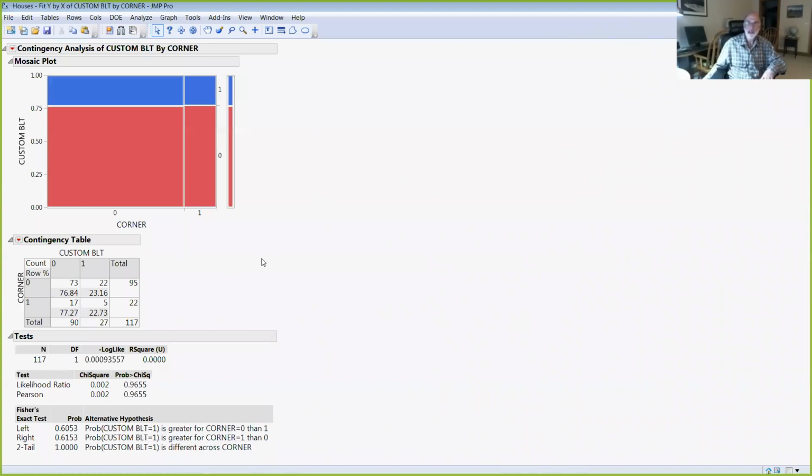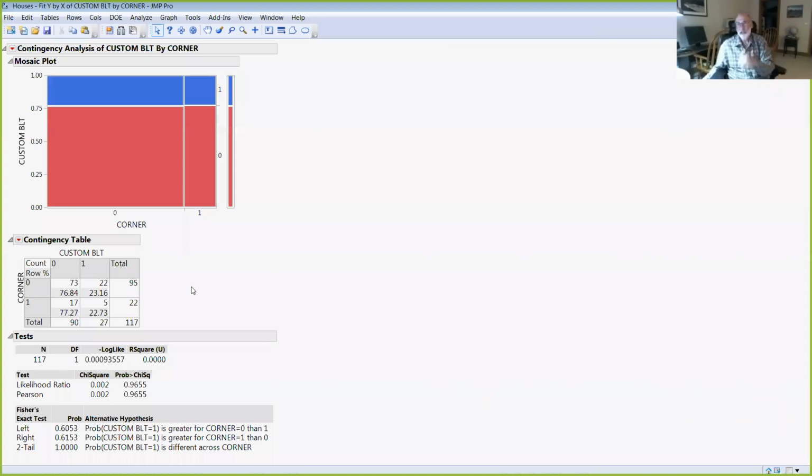It's basically saying these numbers are too close together to be able to say there's enough evidence that there is a difference in the fraction of houses that are custom built on corners versus not on corners. In other words, we can't safely say there's a relationship between whether or not a house is custom built and whether or not it's on a corner.